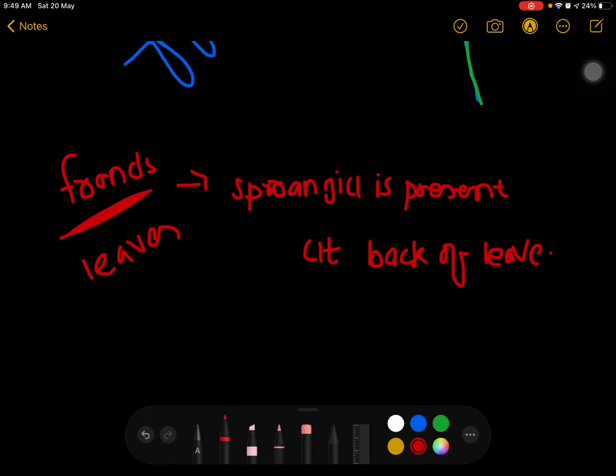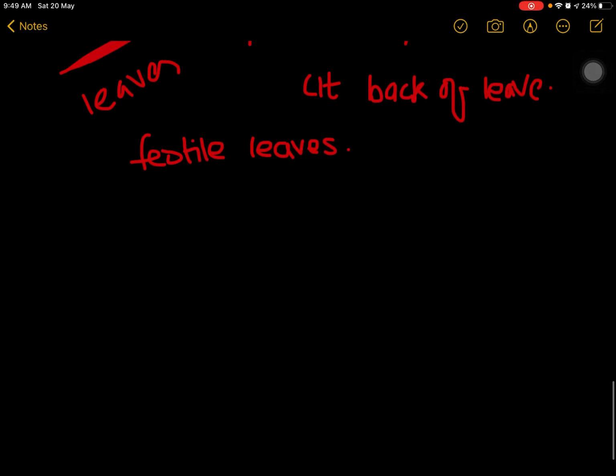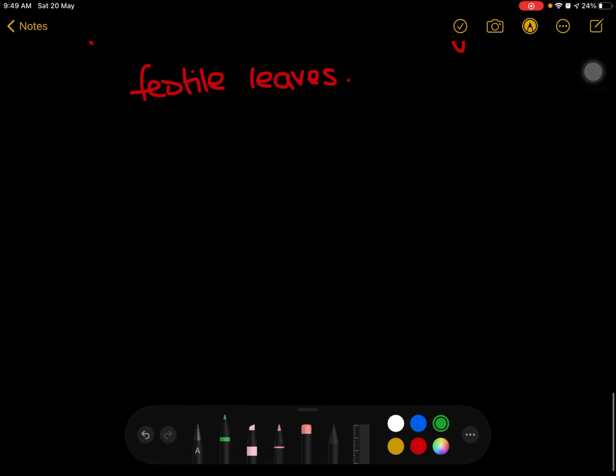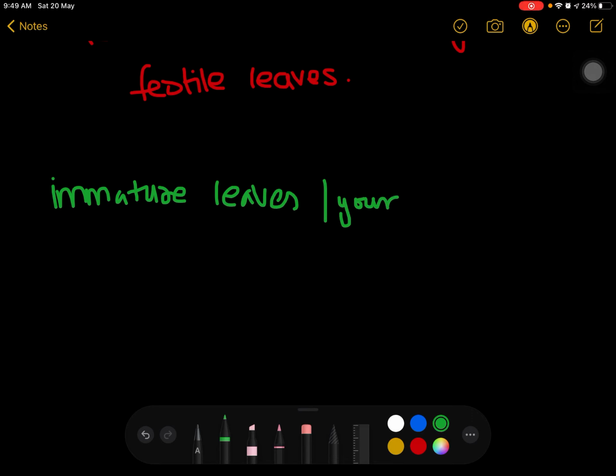Basically, the leaves which bear these sporangia are known as fertile leaves. There is another type of leaves that are known as immature leaves, or you can say the young leaves.